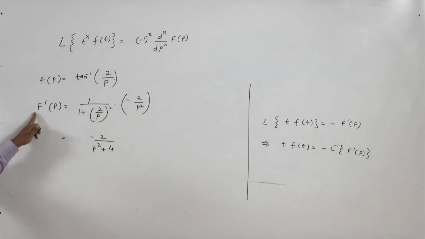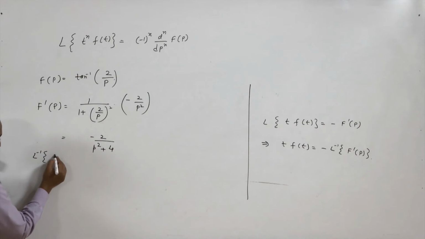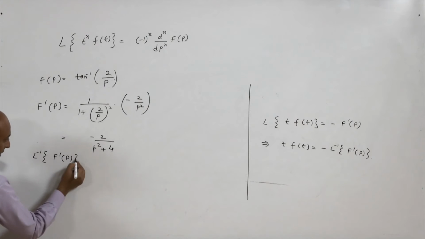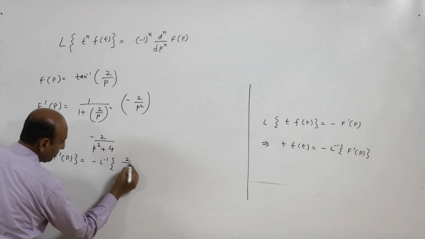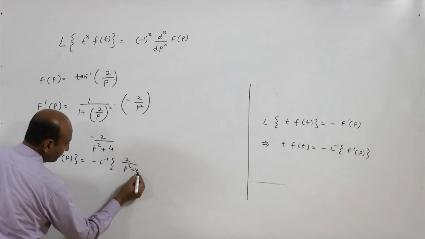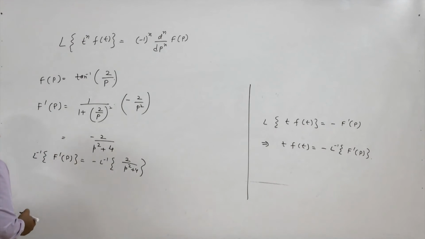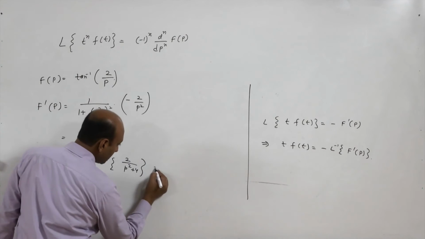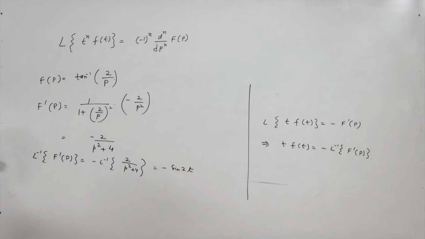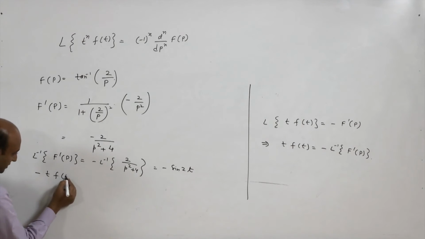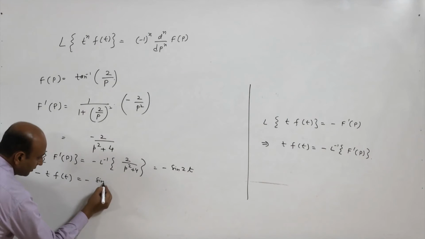Now, take Laplace inverse both sides. So, Laplace inverse of f dash p will be nothing but minus Laplace inverse of 2 upon p square plus 4, and it is nothing but minus sin 2t, and Laplace inverse of f dash p from that expression is nothing but minus t f(t), which is equal to minus sin 2t.